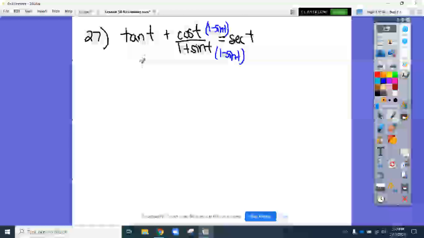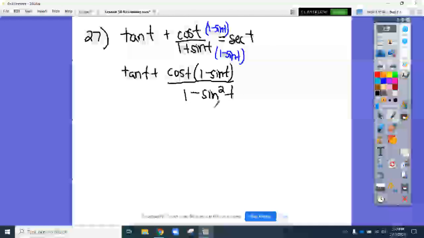Okay. So why do I do that? I do that because now I have a tangent of t plus, I'm going to leave it, cosine of t over 1 minus sine of t over, and then I FOIL. I get a positive sine, a negative sine cancel, and then a negative sine squared of t.